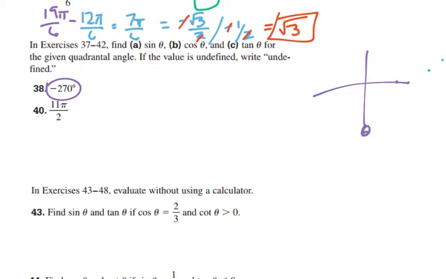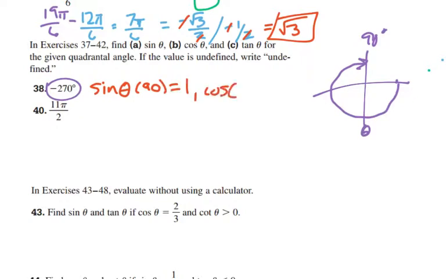If we start here and go counterclockwise 3/4 of the way, which is 270, we're actually at positive 90 degrees. So what they're asking for is sine of 90 degrees, sorry, our y value, that's 1. Cosine of 90 degrees is going to be 0, and tangent is going to be the sine over the cosine, and so that's going to be undefined.